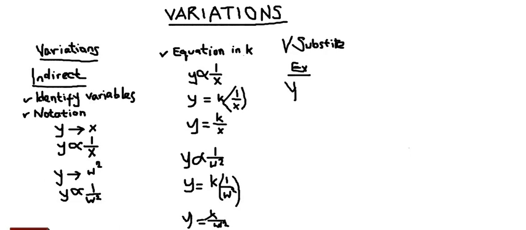Let's say y varies inversely as x squared, and y is equal to 1 when x is equal to 2.